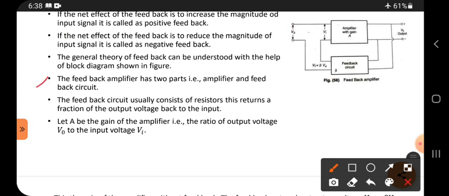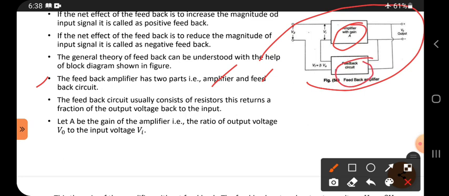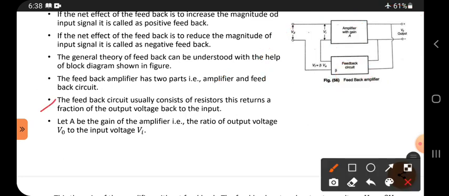The feedback amplifier has two parts: the amplifier and the feedback circuit. The feedback circuit usually consists of resistors. This returns a fraction of the output voltage back to the input.